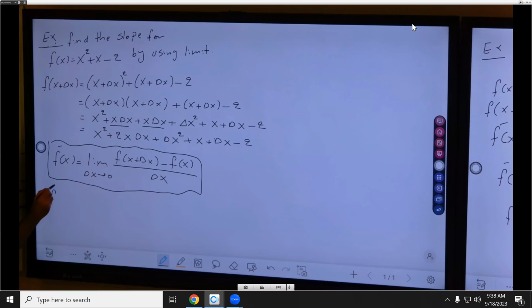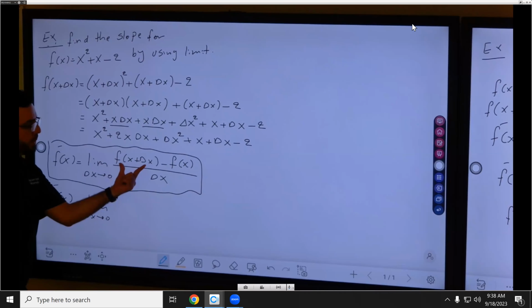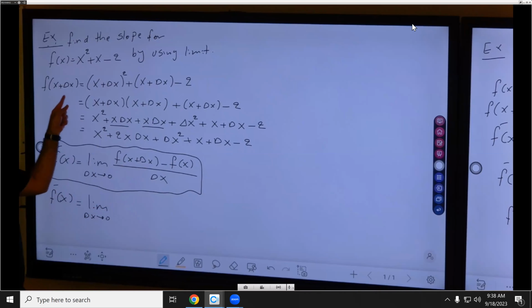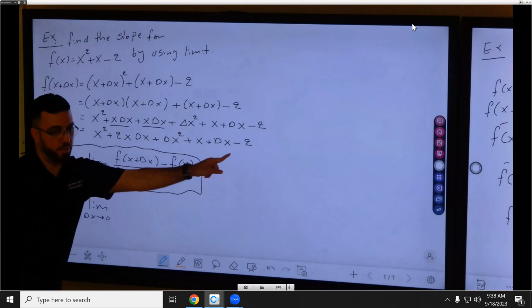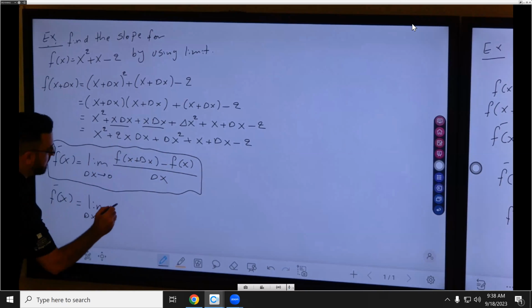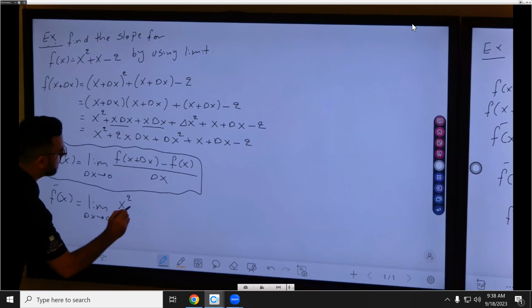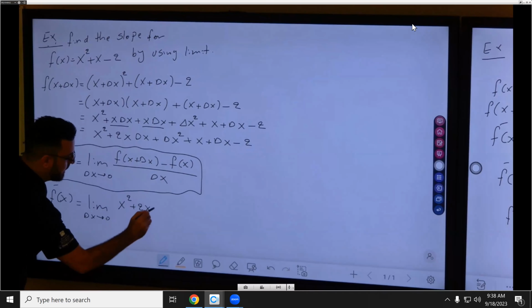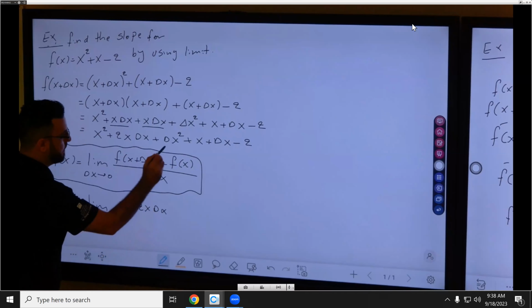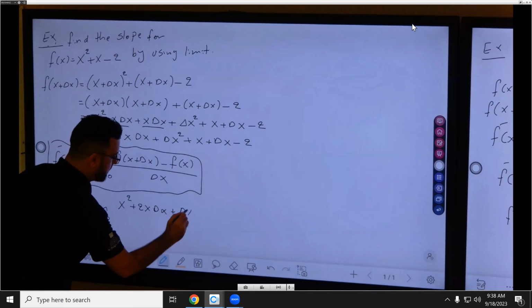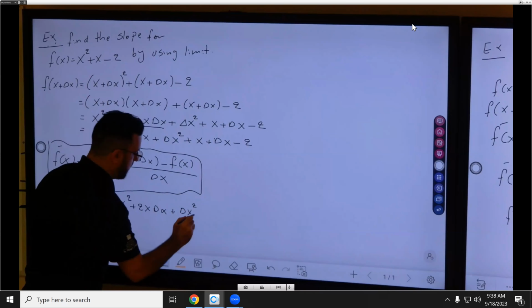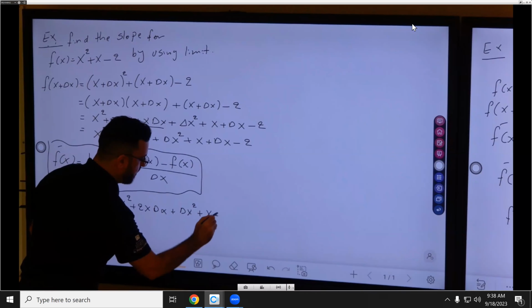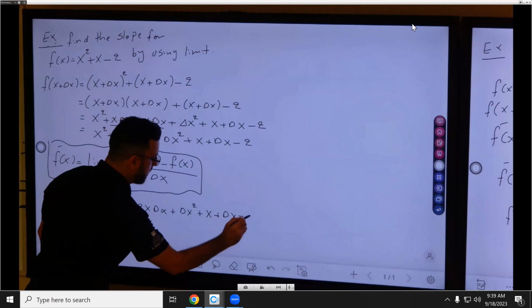So f prime of x is going to be the limit when delta x approaches 0. f of x plus delta x, we're going to plug in the whole thing here. That means it's going to be x squared plus 2x delta x plus delta x squared plus x plus delta x minus 2.